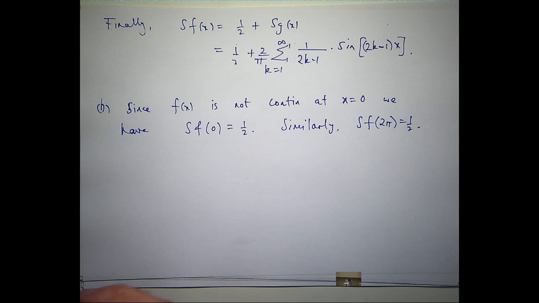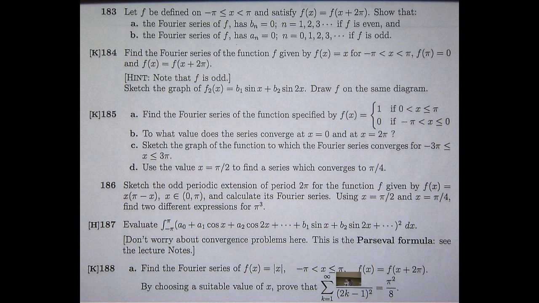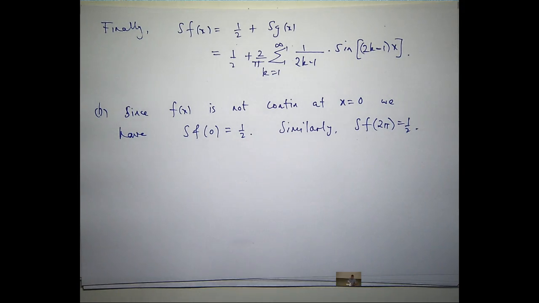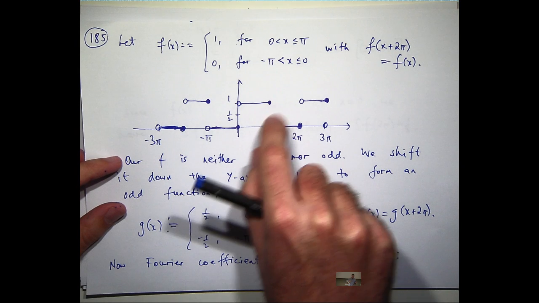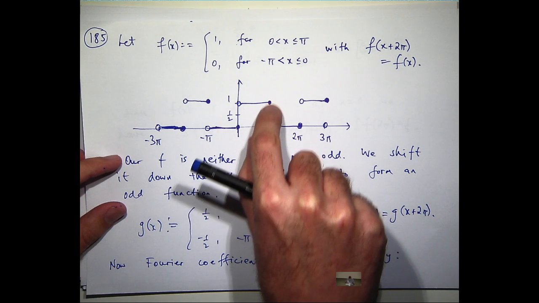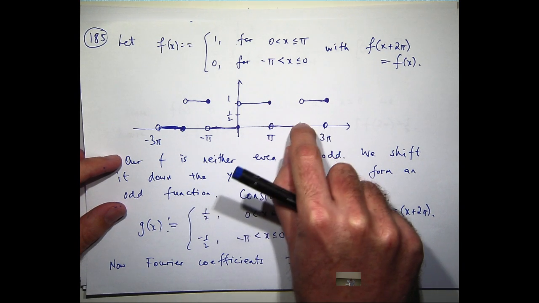All right. Now part C, sketch the graph of the function to which the Fourier series converges. Okay, so we're not sketching the original function now, we're sketching the function to which the Fourier series converges. Okay, so it's basically the same graph except you just shift the points. So instead of having that point up there, move that point up to 1/2.